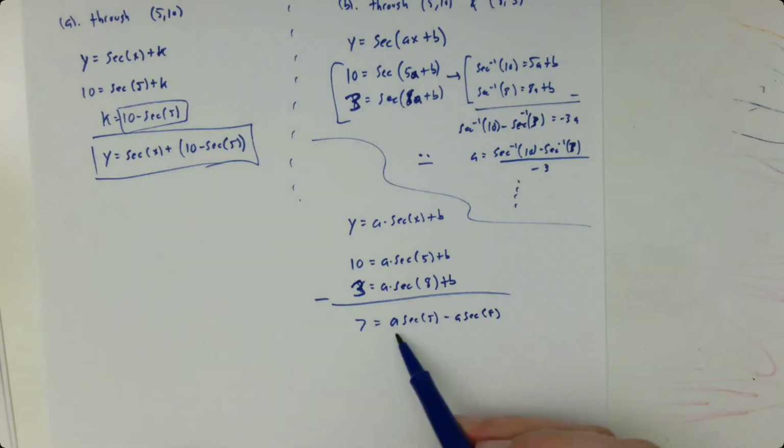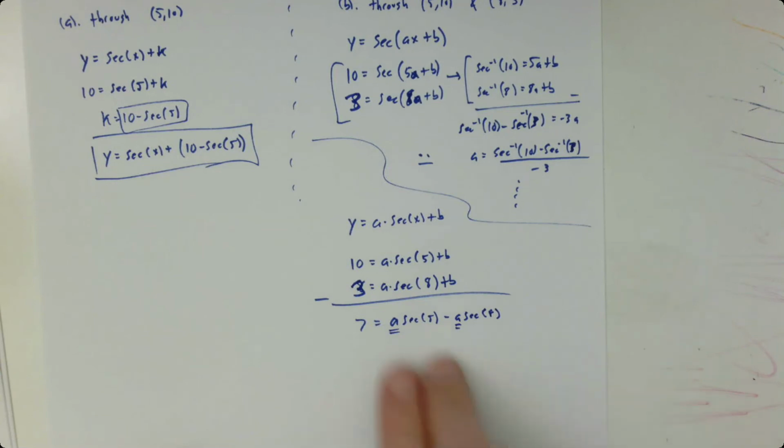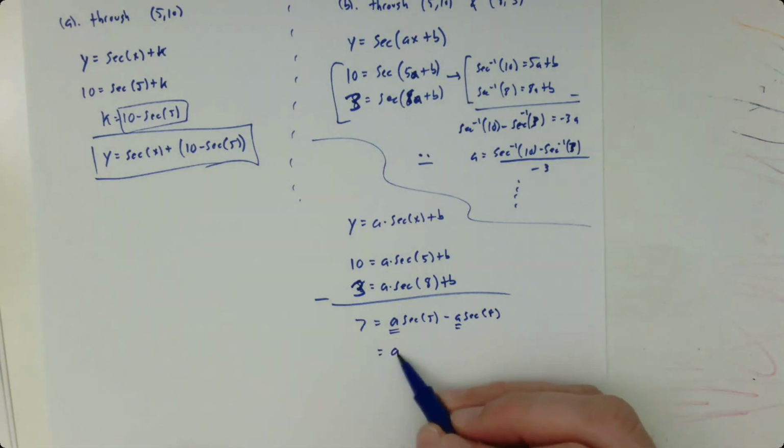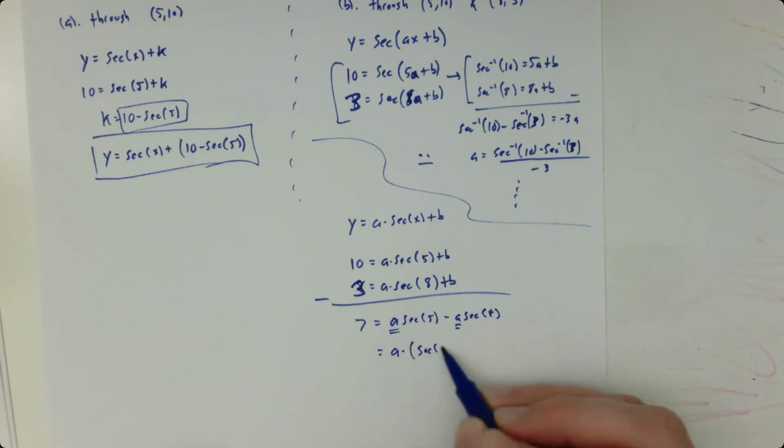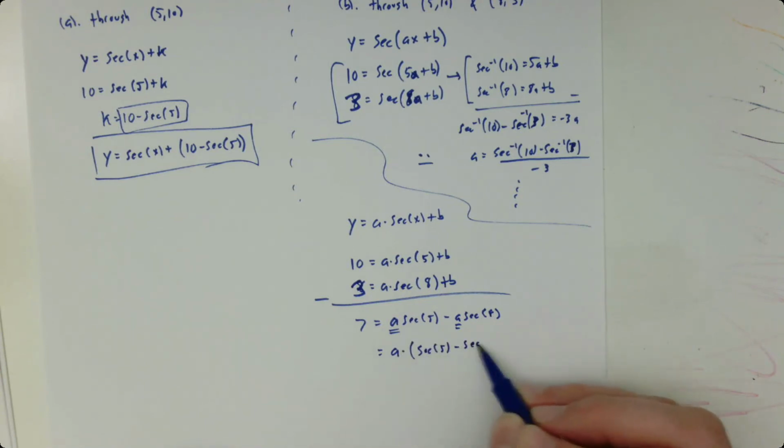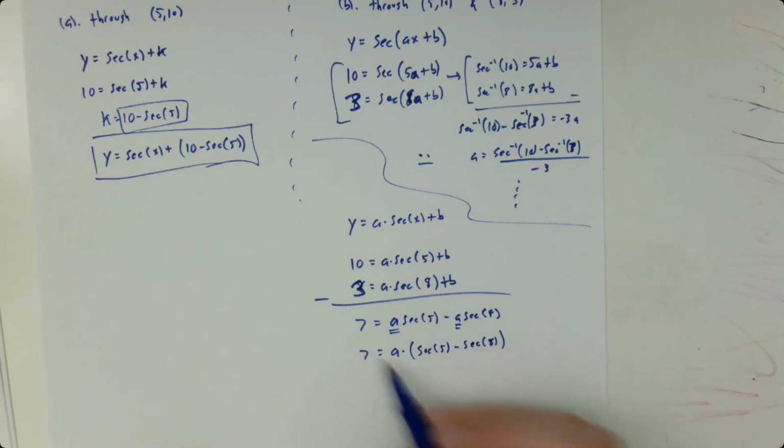Don't wig out. We got 2 terms here. Both terms have the thing we care about. Let's factor it out. So that's a times secant 5 minus secant 8. So, maybe this wasn't a lot nicer, but that certainly seems to have done the job. So there's a.